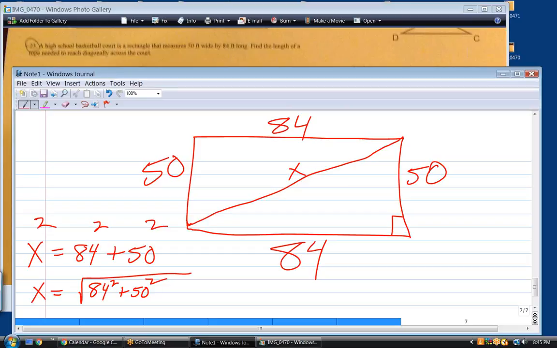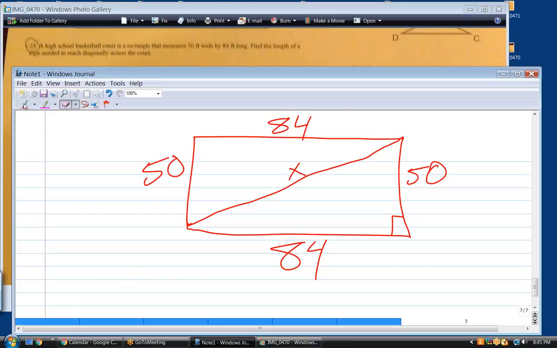As long as you start with the Pythagorean Theorem, you can always solve right triangles. In other words, as long as you start with c squared equals a squared plus b squared, where c is the hypotenuse. Okay?